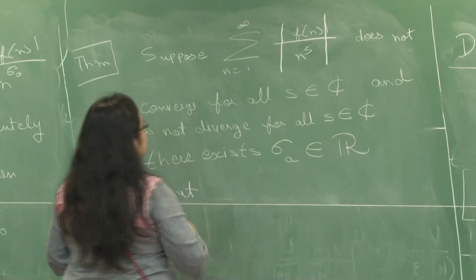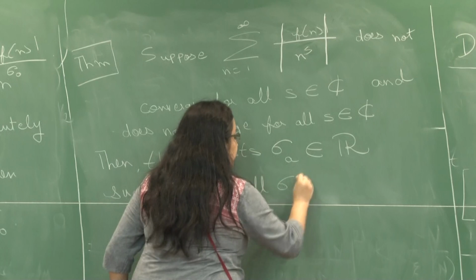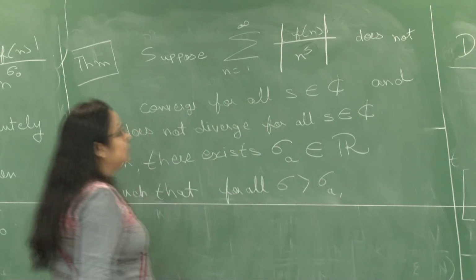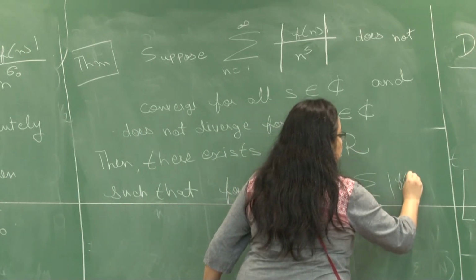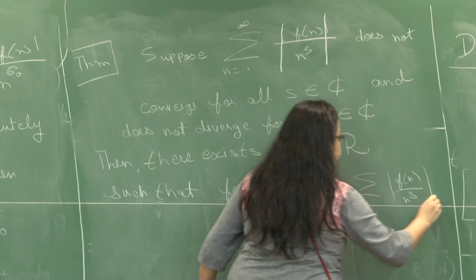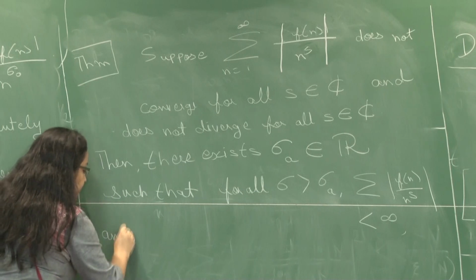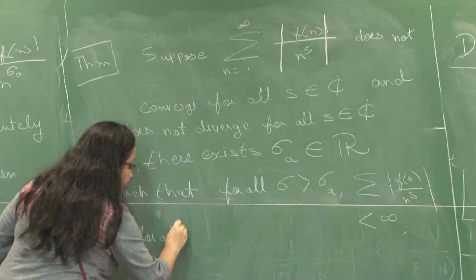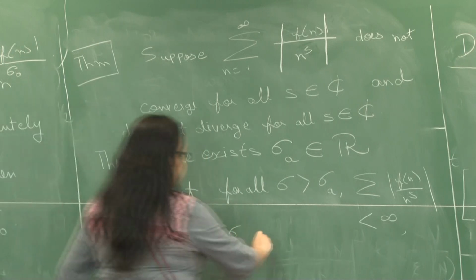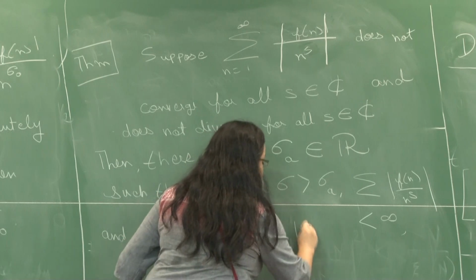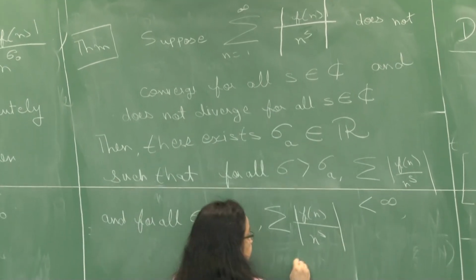So such that for all sigma greater than sigma sub a, this series over n to the s converges, and for all sigma less than sigma sub a, this series diverges.